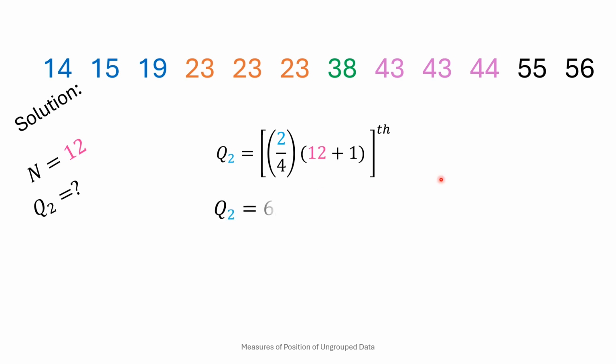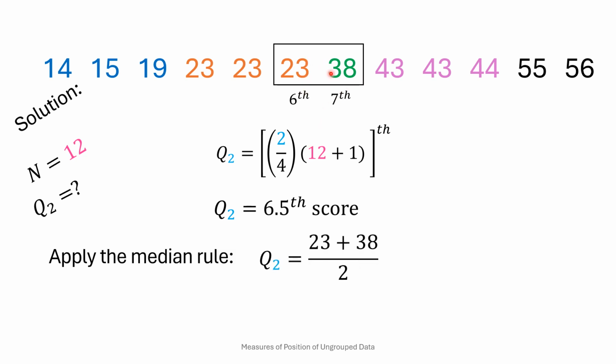And then simplifying, the position of quartile 2, or the median, is at 6.5. Therefore it's between the 6th and 7th. Counting from the lowest value until you reach the 6th and the 7th, it's 23 and 38. Applying the median rule, because there are two values in quartile 2, let's get their average. That is 23 plus 38 divided by 2, which is 30.5.